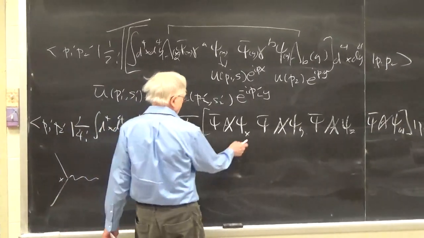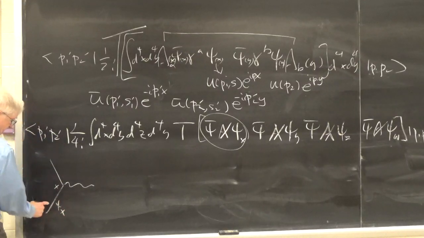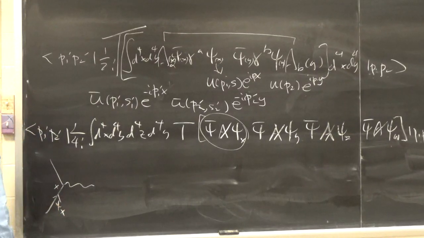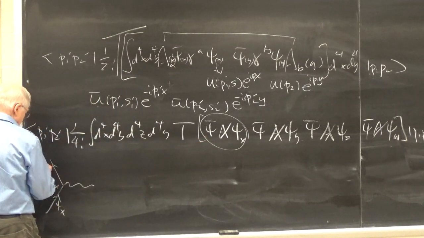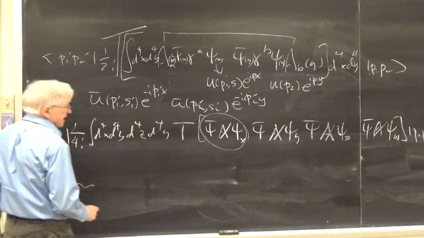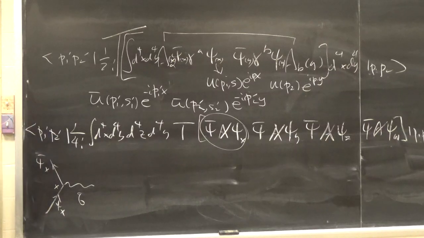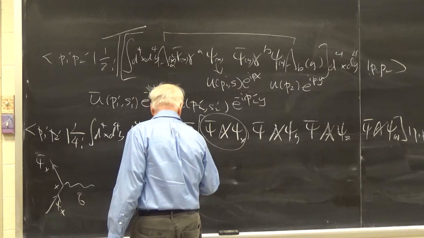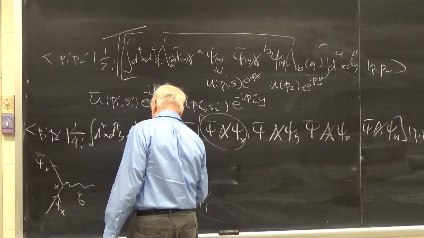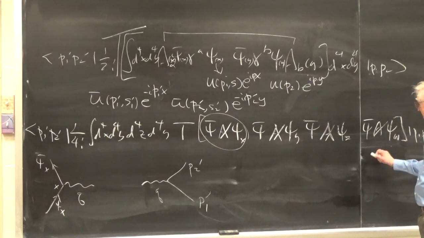So you could use all these fields. You could use psi X to absorb one incoming electron. Psi bar at X you could use to create the outgoing electron. And then A would create this photon going across of momentum Q. And then over here, you've got P2 prime, P1 prime, and you could choose, say, to have all the W guys deal with that.